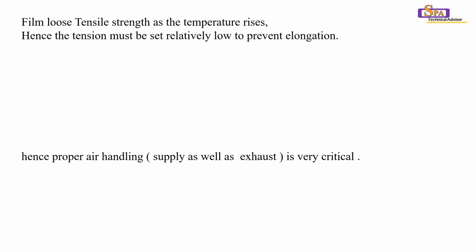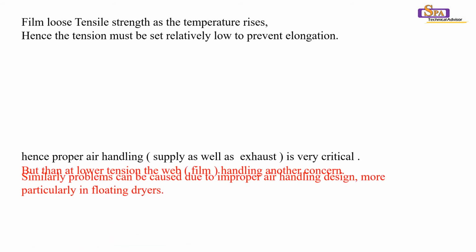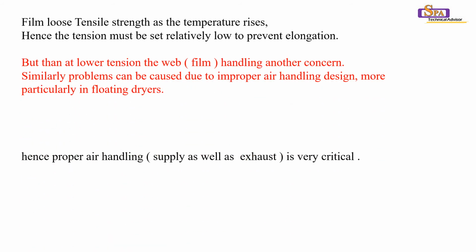Film loses tensile strength as the temperature rises, hence the tension must be set relatively low to prevent elongation. But then at low tension, the web handling is another concern. Similarly, problems can be caused due to improper air handling design, more particularly in floating dryers.